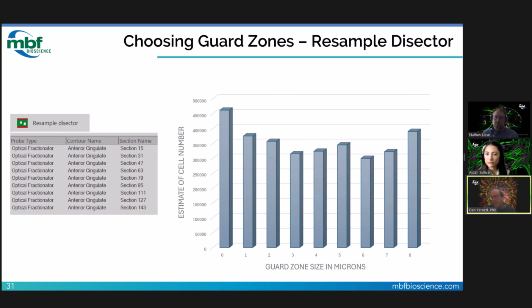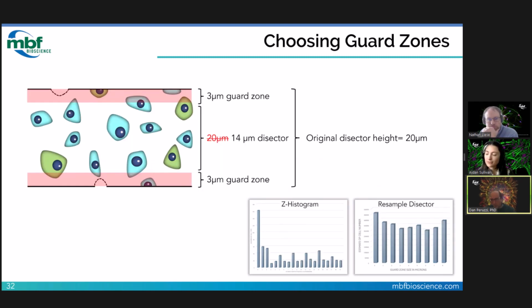So this is making sense along with the Z histogram, and it's kind of verifying that the 3 micron guard zone that you picked from the Z histogram is appropriate. We really want to cover up that first micron, and let's go ahead and cover up 3 microns. So I think that's a good decision, based both on the Z histogram and on this resample dissector.